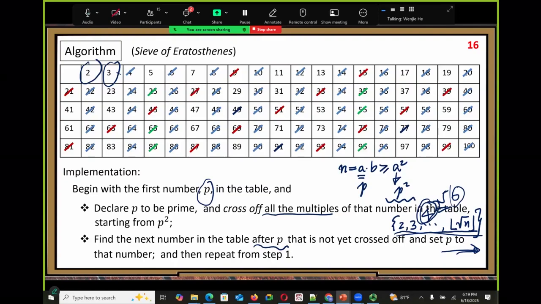Here, this comment: if you read the Wikipedia page, because I took the sieve of Eratosthenes material from Wikipedia, you can see at the end of this algorithm there is a comment telling you an easier way to cross off all the multiples.